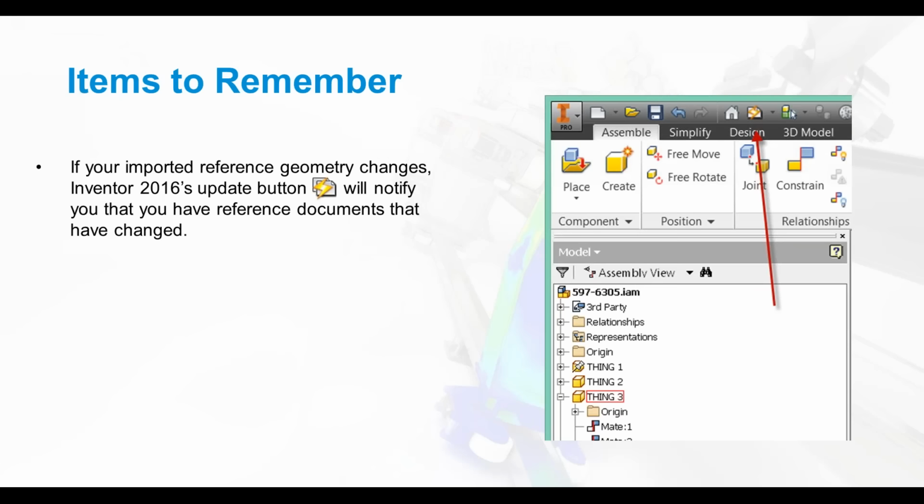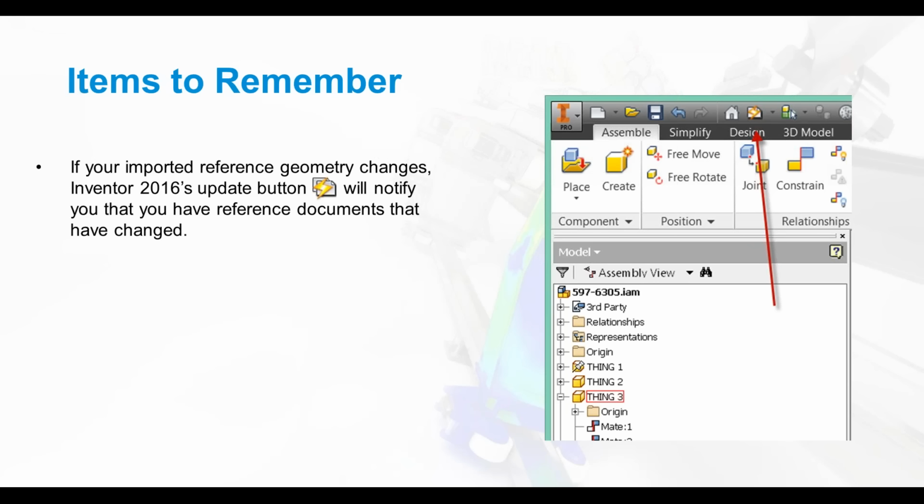When you bring in a referenced model and somebody has made a change to an underlying part of, say, a referenced assembly, it doesn't matter what the product was that created those files.